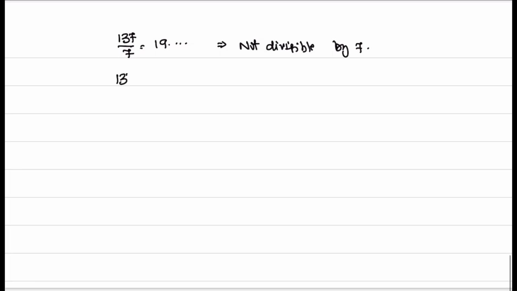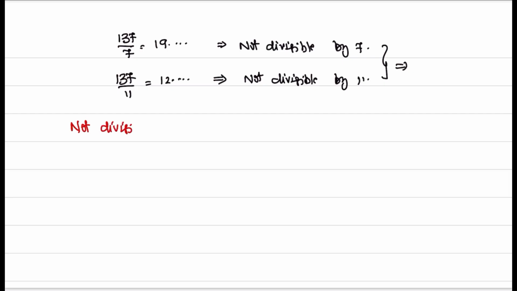Now 137 by 11 is equal to 12 point some decimal, not divisible by 11. These two and the previous ones imply not divisible by 2, 3, 5, 7 and 11. That implies 137 is a prime.